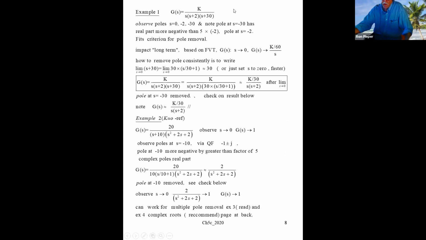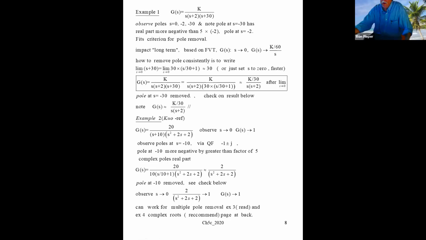Speak up if that's not clear. Now, from what you've seen already, you can maybe guess, of these three poles, which one do you think is more likely to be neglected? -30, right. So we can argue that for sure that -30 pole would be negligible.